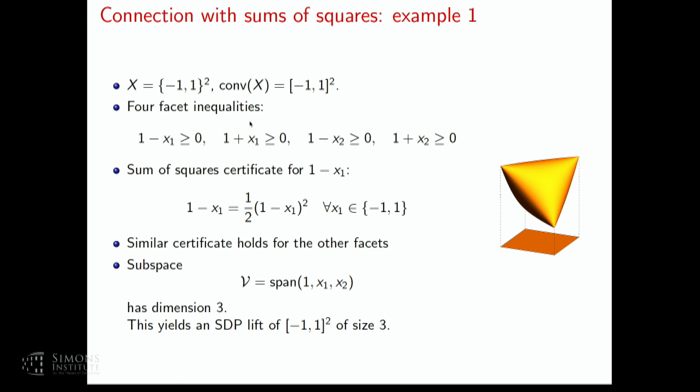Okay, and this lift is actually nothing but the lift that I showed at the very beginning, with the ones on the diagonal. Here I only showed one facet, but it's very easy to see that all of these do have sum of squares certificates from this subspace V.